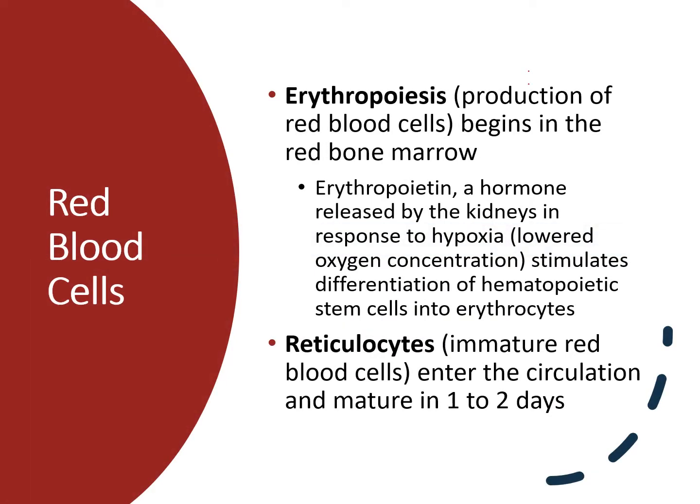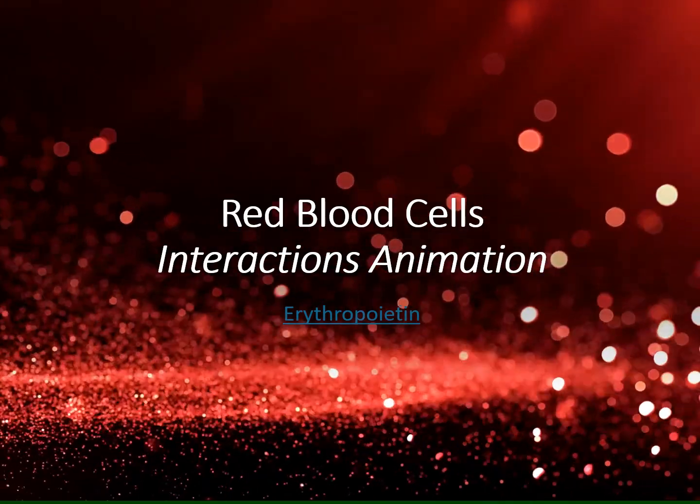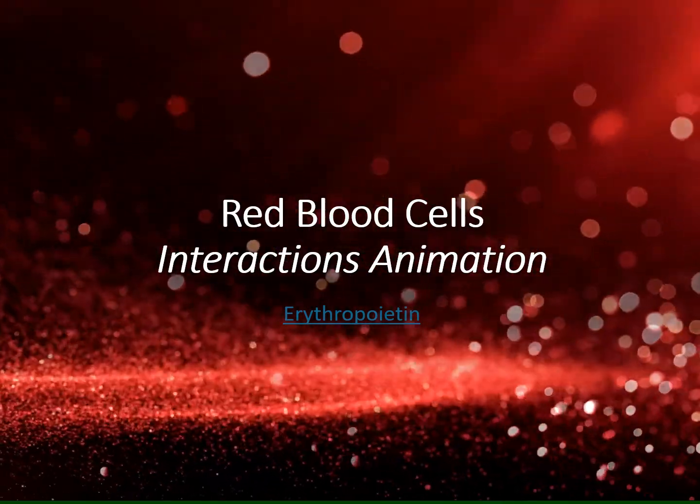The aforementioned reticulocytes enter the circulation and mature in about 1 or 2 days. Erythropoiesis is the name for the production of red blood cells. This is an animation that you can click.